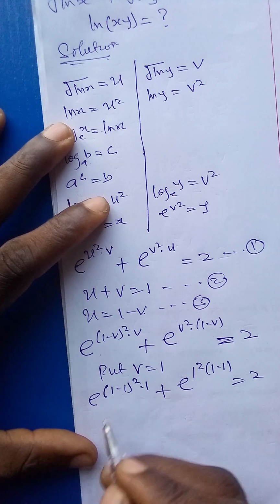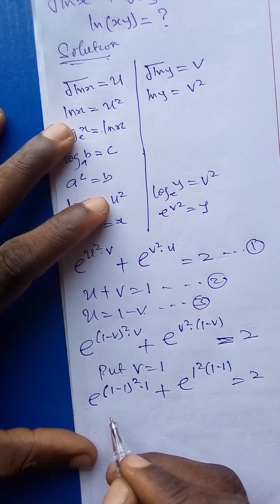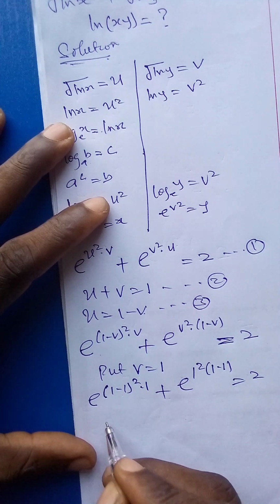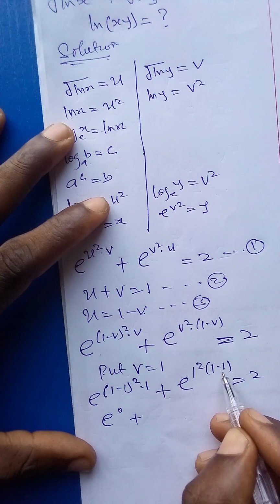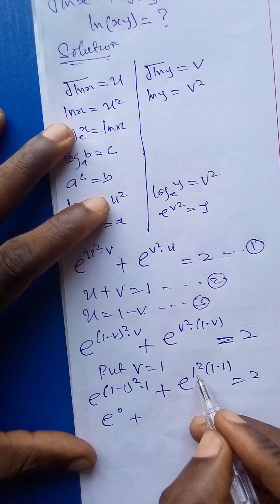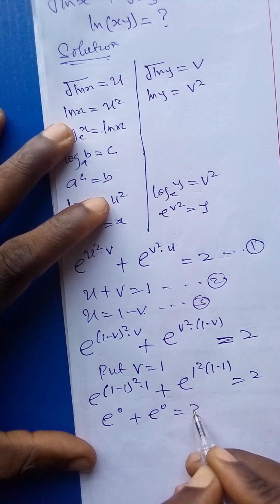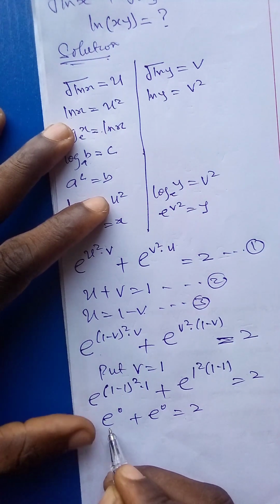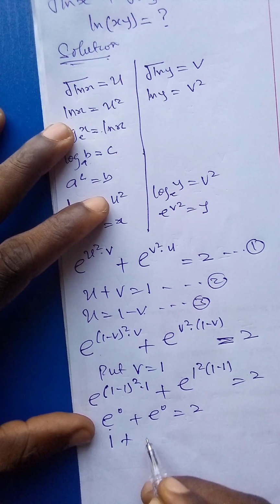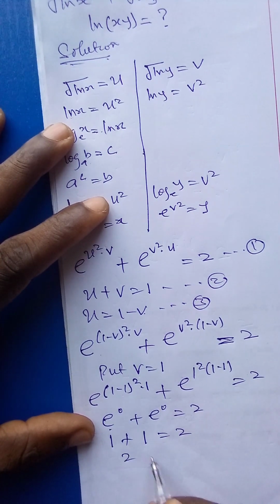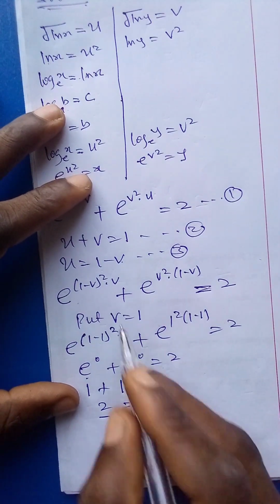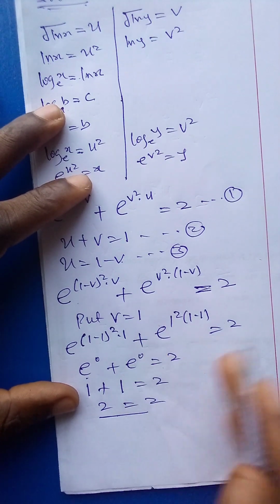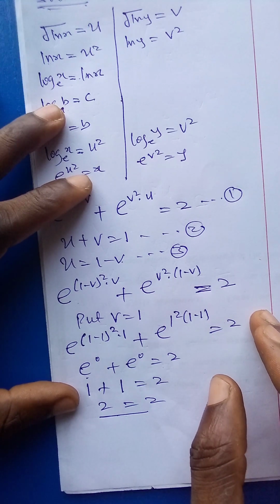Now, 1 minus 1 is 0. 0 squared is still 0. 0 times 1 is 0. So this is e raised to power 0 plus 1 minus 1 here is 0. 0 times 1 squared is still 0. So e raised to power 0 is equal to 2. We know that e raised to power 0 is 1 plus 1 again. So we have 2. That means we have a balanced equation. It simply implies that v being equal to 1 is a valid solution.